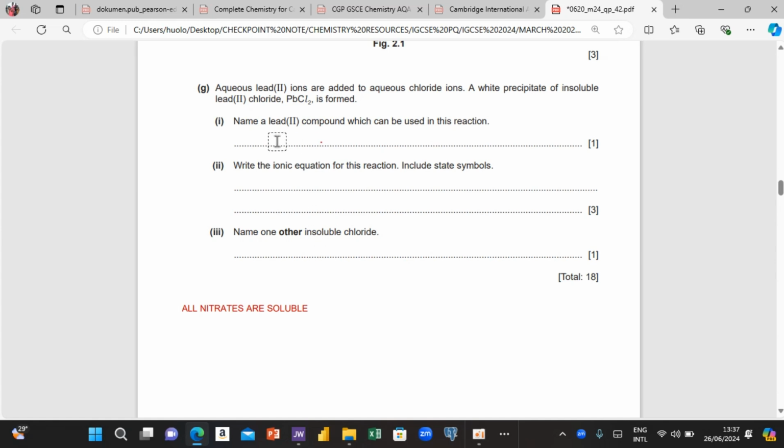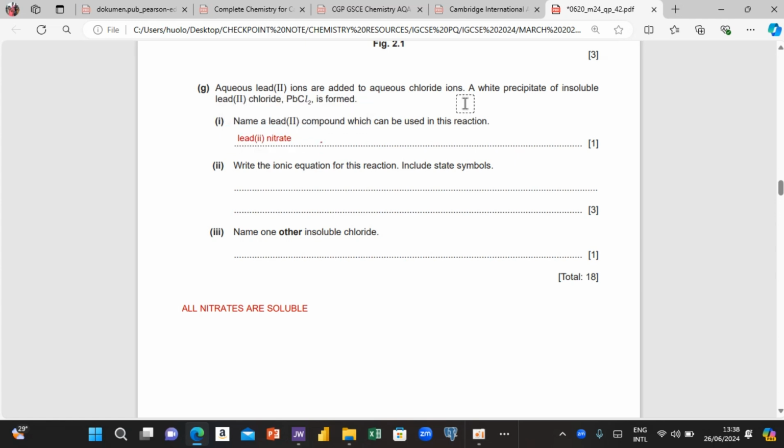Any lead compound that is going to be soluble, that is going to be a solution, has to be lead-2 nitrate. So here you have lead-2, and you are thinking in terms of lead-2 nitrate. Alright, lead-2 nitrate it is.